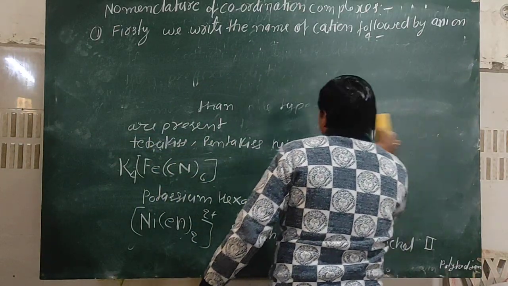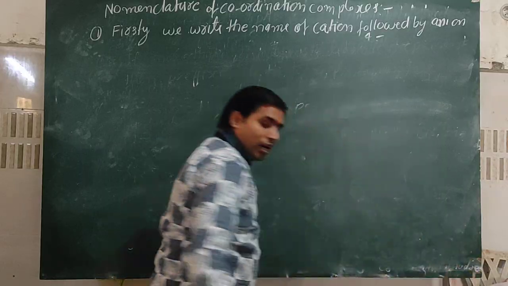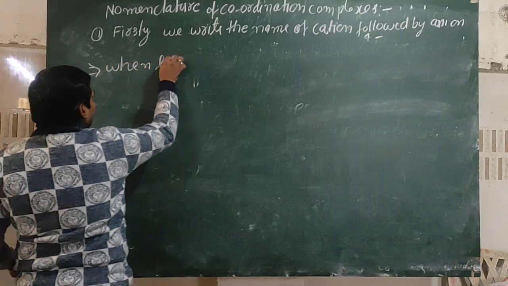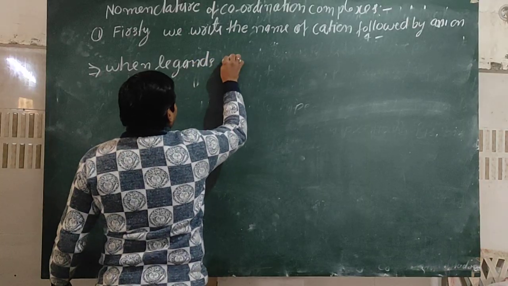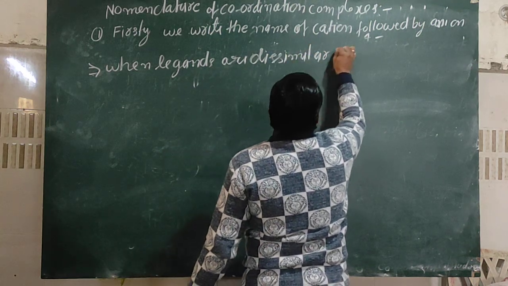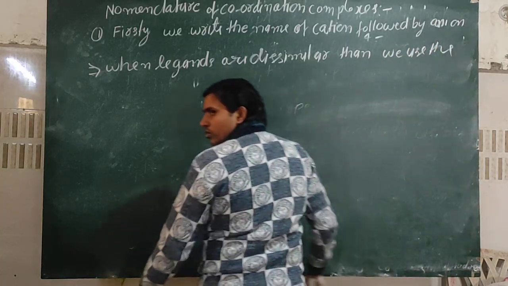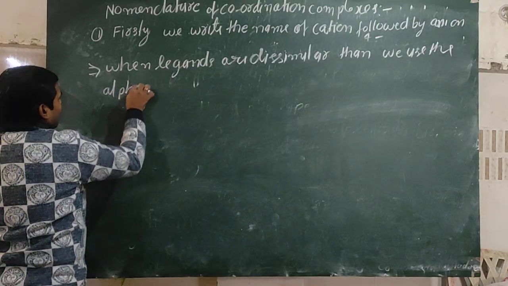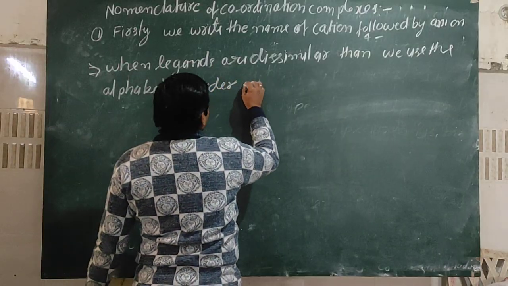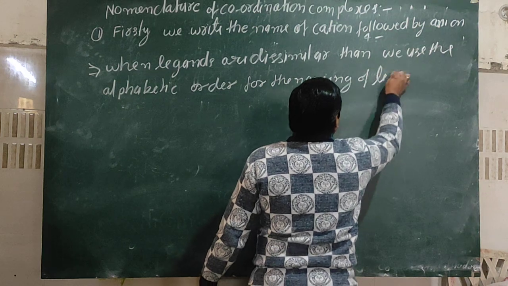Next point: if ligands are dissimilar, meaning more than one type of ligands are present in the complex compound, then we use alphabetical order for the naming of ligands.